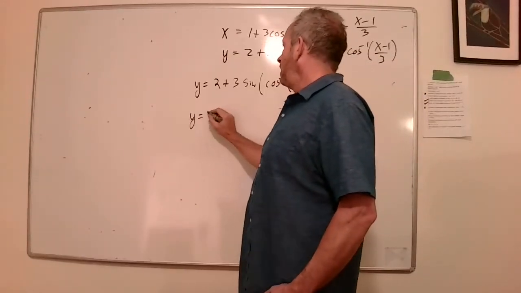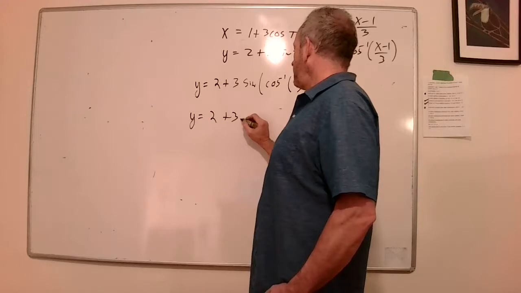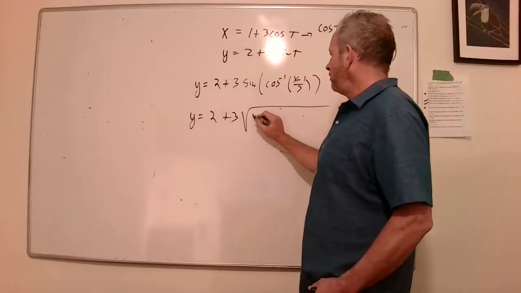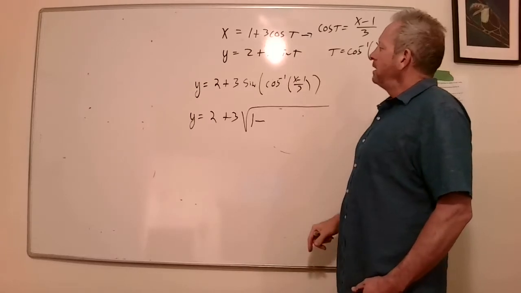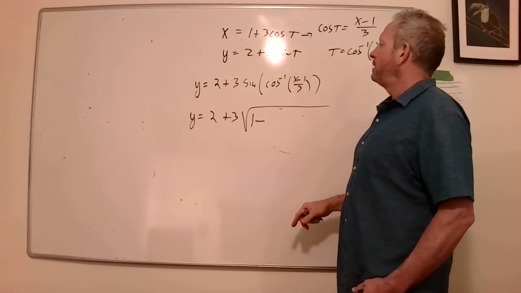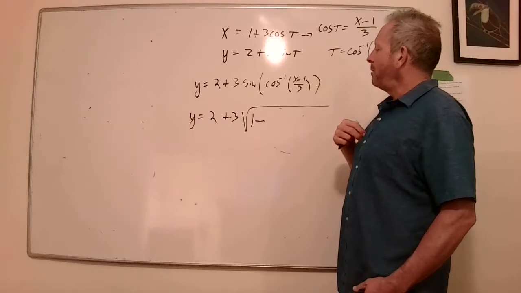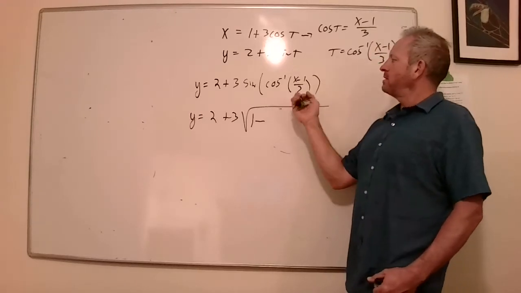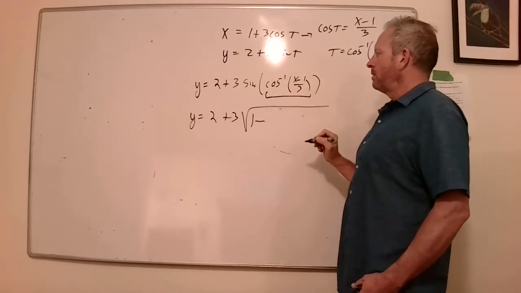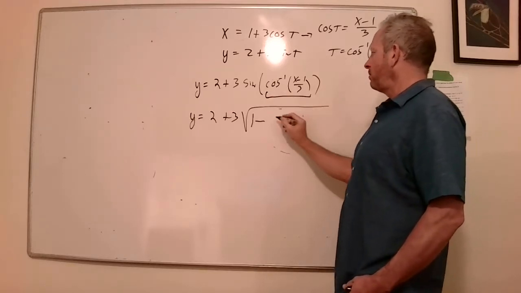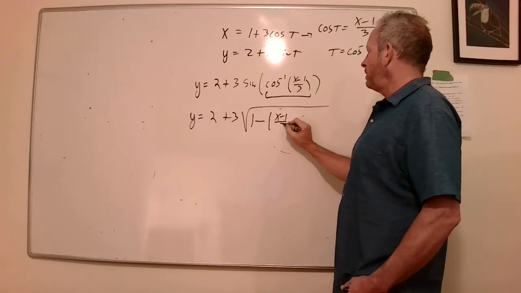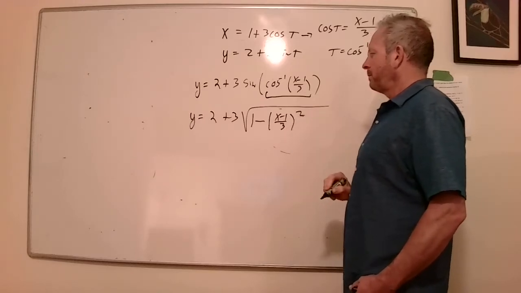We're going to use the Pythagorean identity, and we're going to get 3 times the square root of 1 minus, well, maybe I better write it down. It's going to be 1 minus the cosine of this squared. So the cosine of the cosine inverse cancel each other out, and we get x minus 1 over 3 squared.